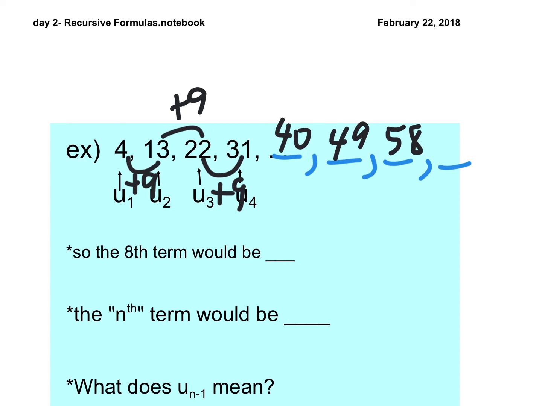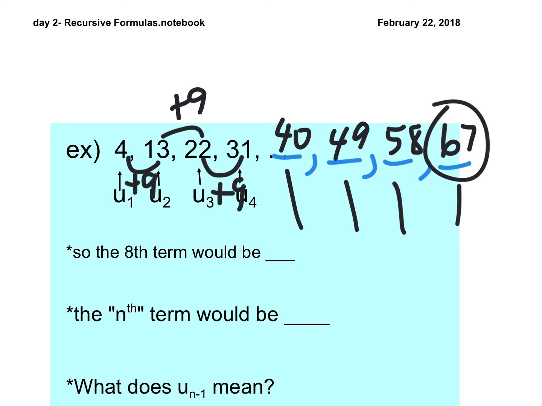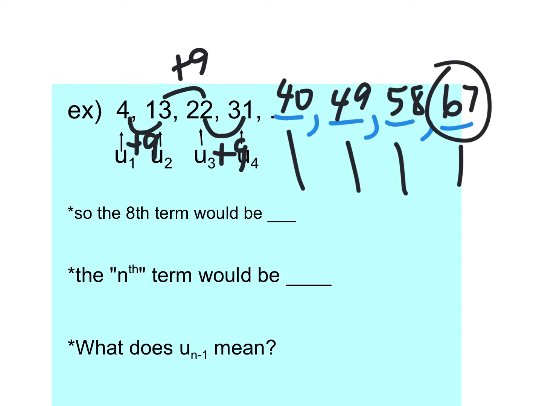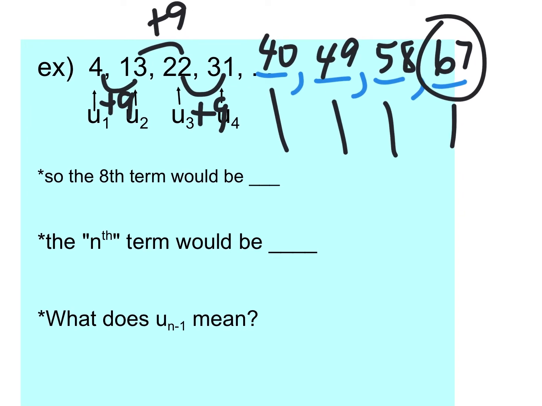I like to add 10 and then subtract 1. So 58 would be 68, subtract 1, 67. Does that make sense? U sub 5, 6, 7, that's U sub 8. All right. The nth term would be U sub n.